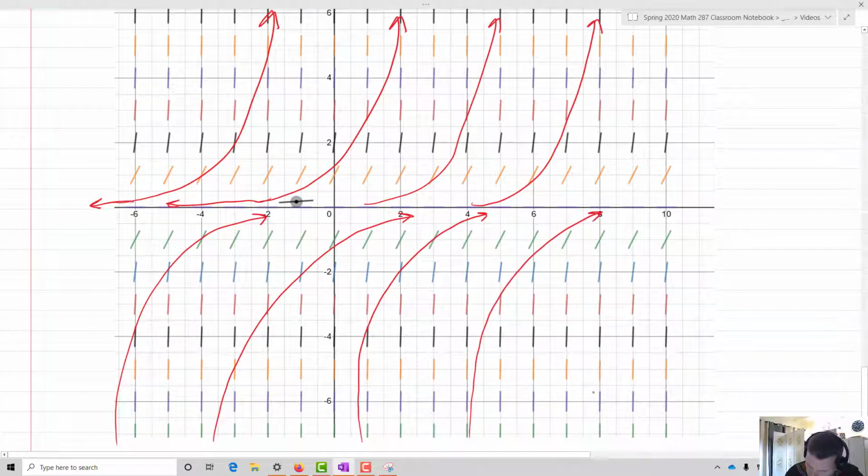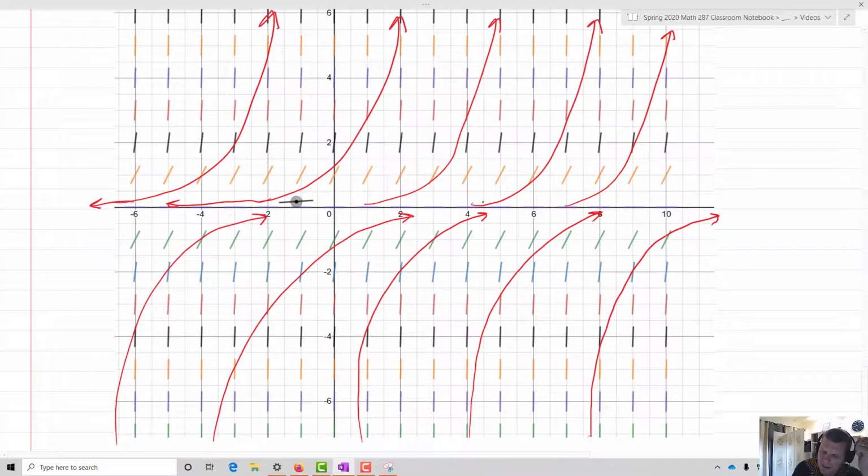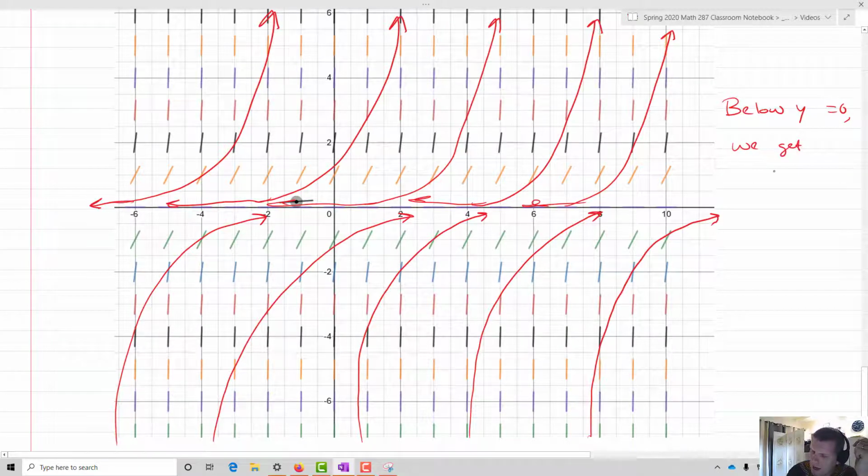And then as we approach 0, everything smooths out and evens out. So what we get basically here is some kind of exponential. And one of the cool things that you can see about what's going on here is that below y equals 0, we get different behavior than above y equals 0.